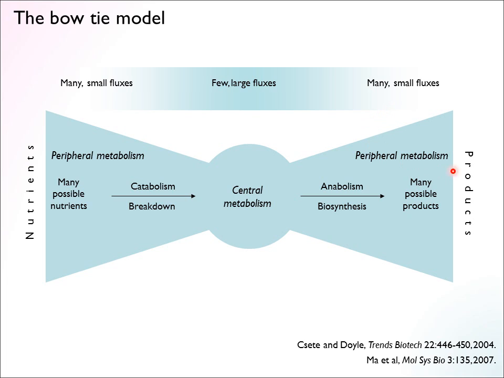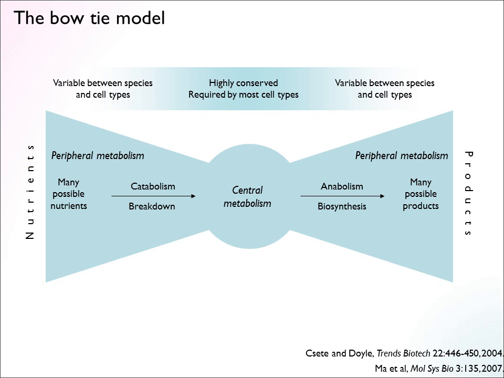And this will be the same on the product side as well. So once you're synthesizing a very specialized product of which you don't need so much, there will obviously be a small flux. So this is also good to know when you're thinking about a protein or an enzyme or metabolite that you're studying. Where is it in this system? Are you likely to see large or small enzyme activities?